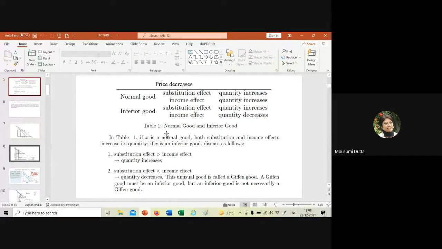Use Hicks compensation principle to derive your results.